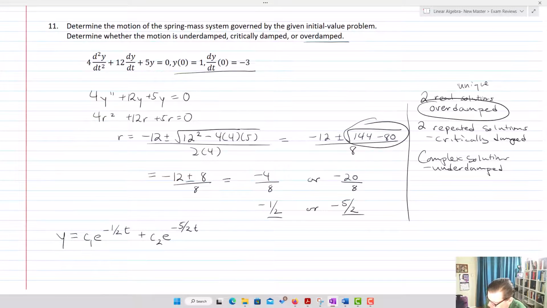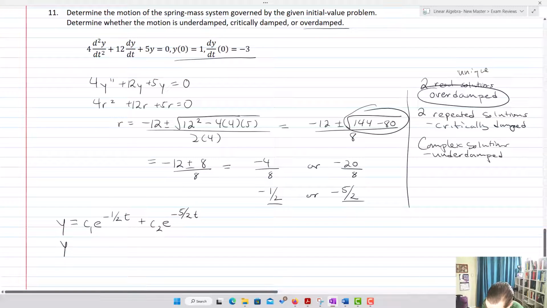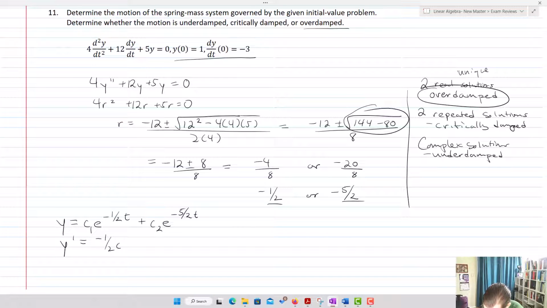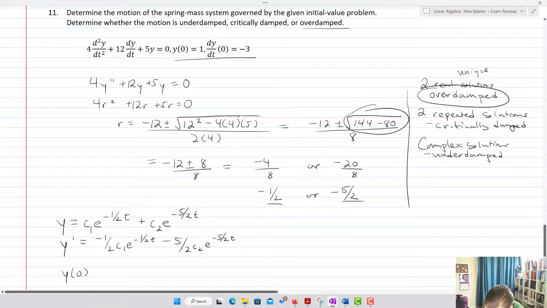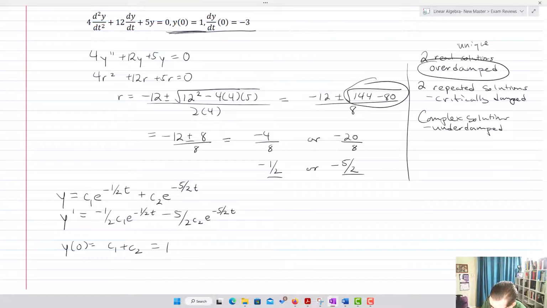Now I can use my initial conditions in order to figure out what my entire particular solution is. So I now have y prime equal to negative 1/2 c1 e to the negative 1/2 t minus 5/2 c2 e to the negative 5/2 t. I plug in 0, so y of 0 is going to equal c1 plus c2, and we know that equals 1 by my initial conditions.